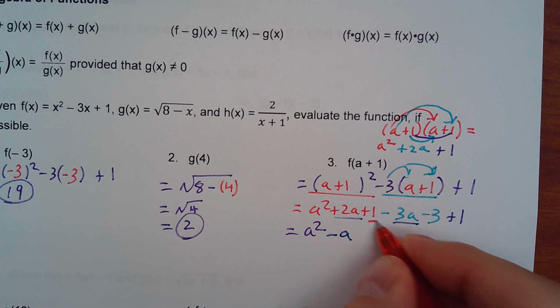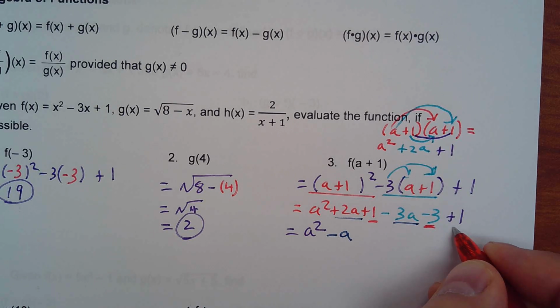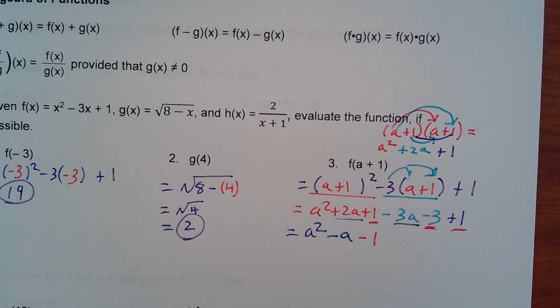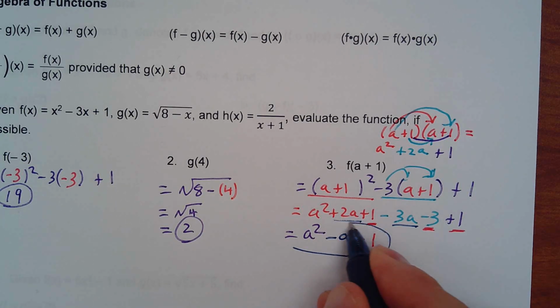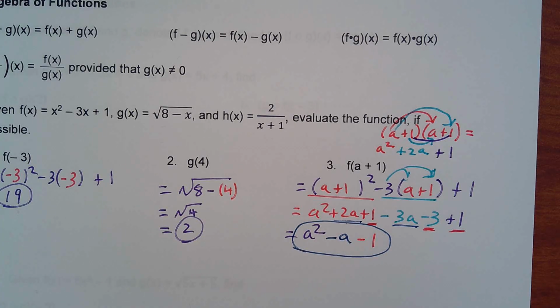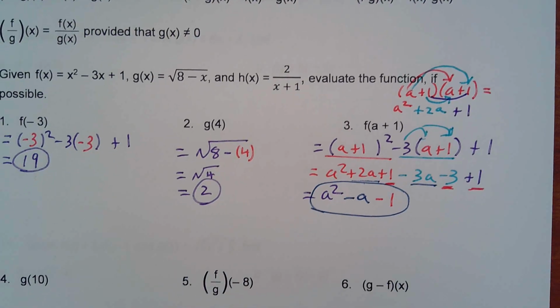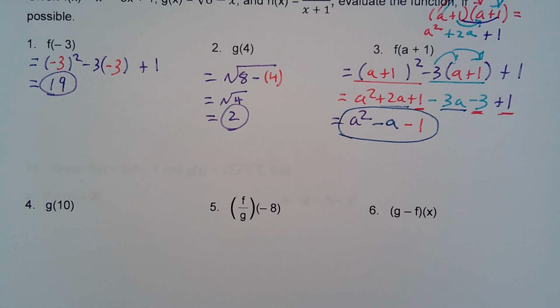And then 1 minus 3 is -2, plus 1 is -1. So really these first 4 problems are just a review of what we did in chapter 5.